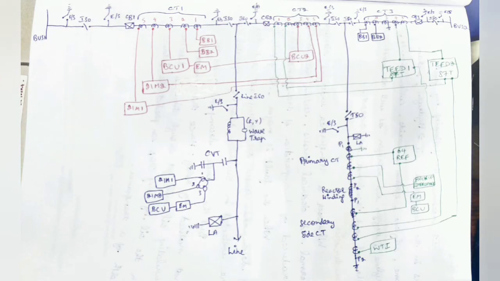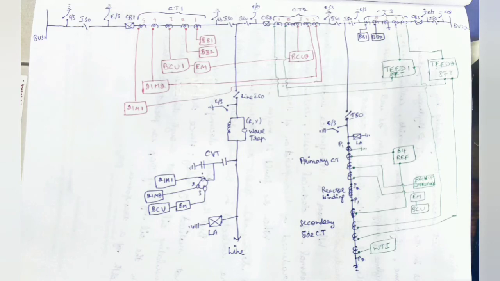The TEED protection comprises 3 sets of cores: the tie bay core 1 and core 2, then reactor bay core 4 and core 5, and the reactor secondary side CT, where core 2 and core 3 are used.